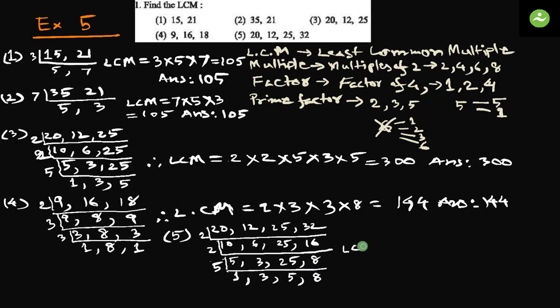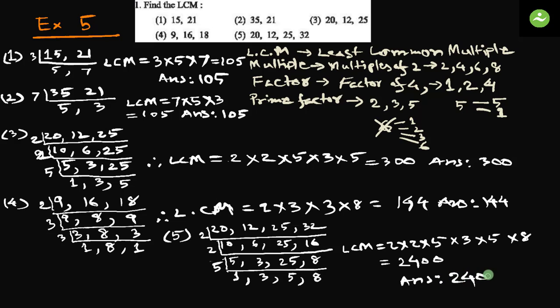So LCM equals 2 into 2 into 5 into 3 into 5 into 8 equals 2 into 2, 4, 4 into 5, 20, 20 into 3, 60, 60 into 5, 300, 300 into 8, 2400. Answer is 2400.